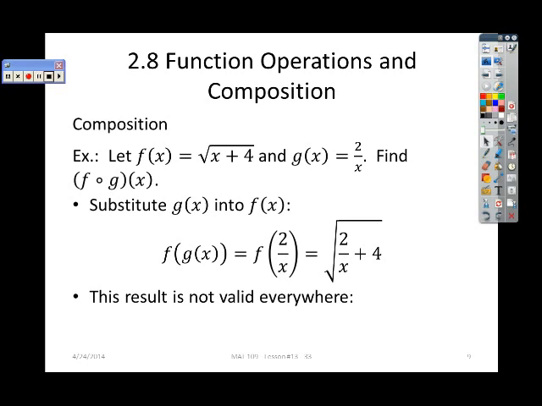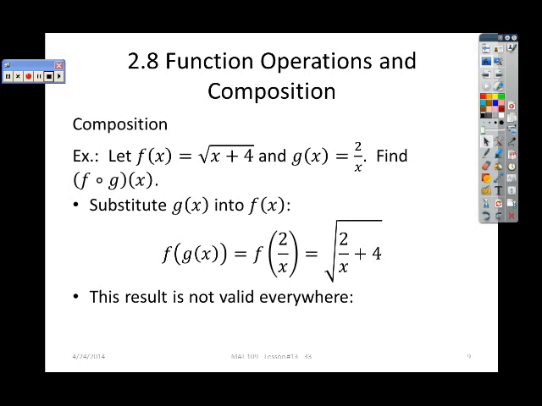You have to look at your domain of f. I'm sorry, we're doing g first. We have to look at our domain of g. So if this is g, do we have any limitations on our domain of g? Is there any value of x we can't use? Can't use 0.